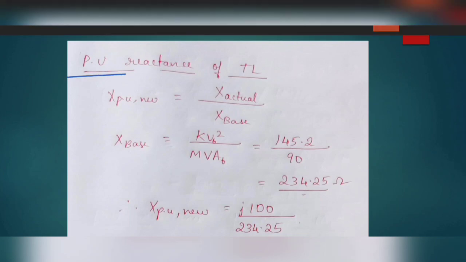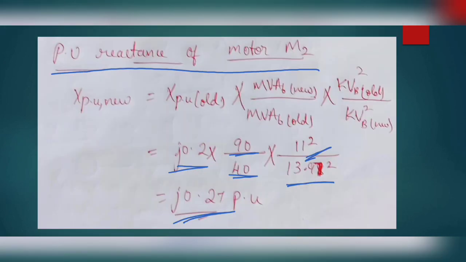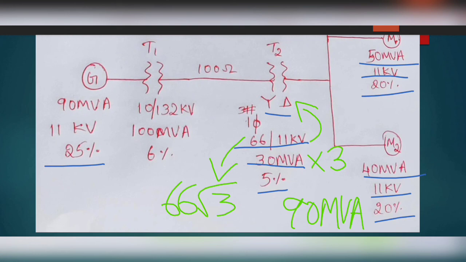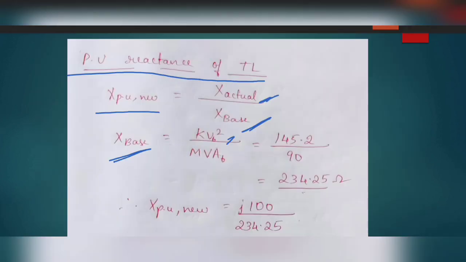Next is finding the PU reactance of the transmission line. We know that XPU new is equal to X actual divided by X base. Finding the X base value, because the actual value, 100 ohms, is mentioned in the question: kVb square divided by MVAb.